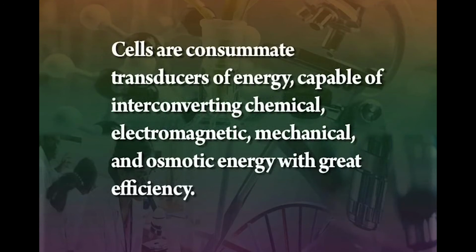Cells are consummate transducers of energy, capable of interconverting chemical, electromagnetic, mechanical and osmotic energy with great efficiency. A separate branch of biochemistry, biophysics, has emerged to enable a detailed study of all these processes.